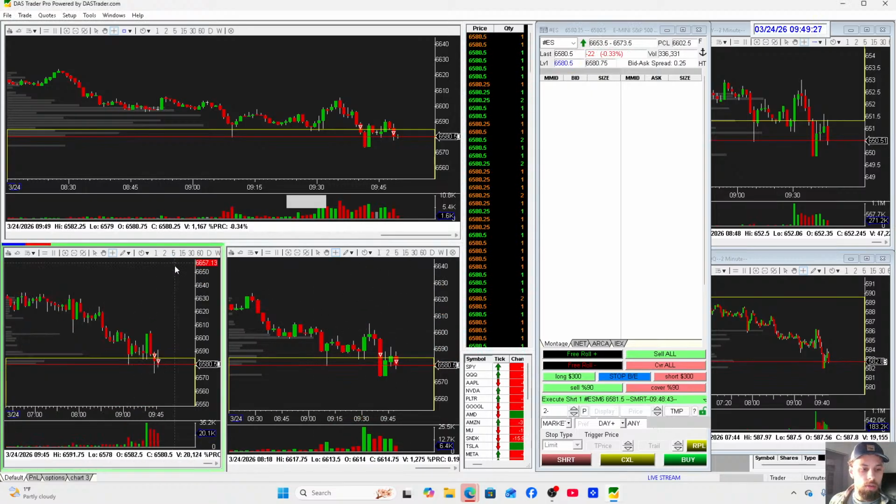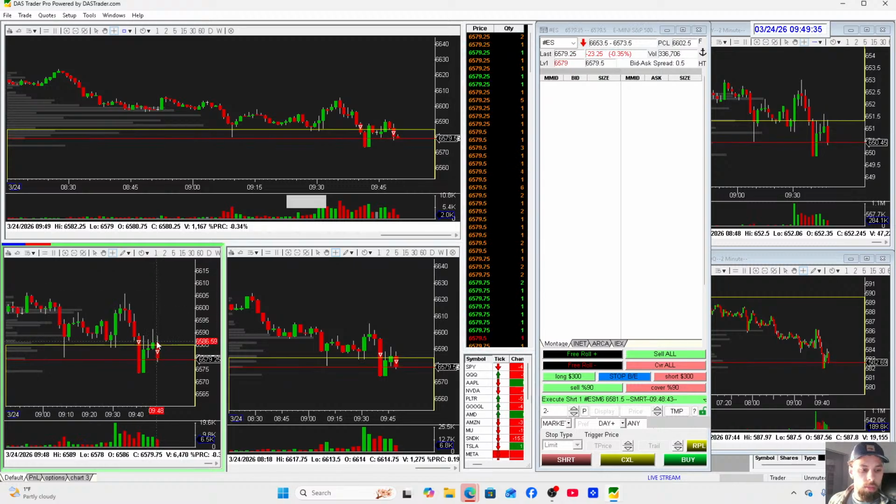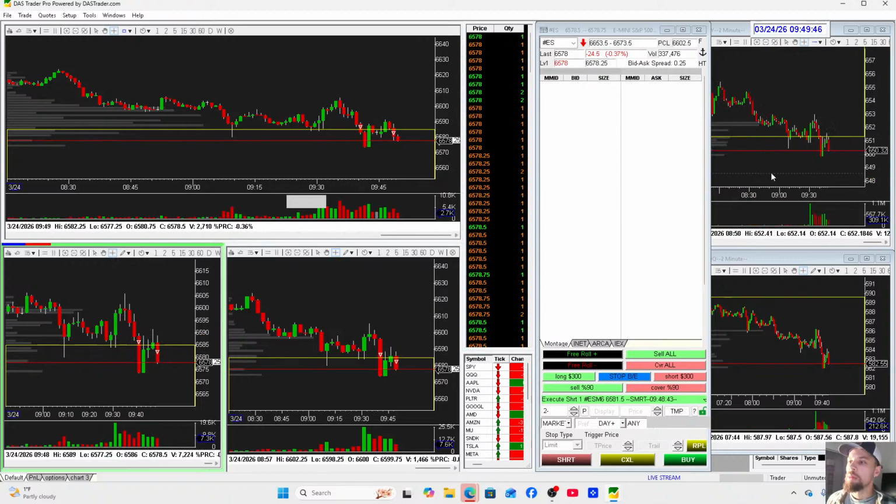Another 5 minute candle is going to be closing soon. I'd love to see this candle close up with that shooting star. That'd be great for me. SPY's looking weak. Qs are looking weak. Could really use this sell-off, man. This would be a good, nice green day if it does.